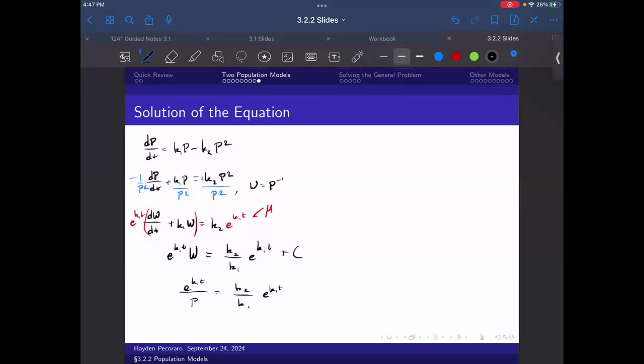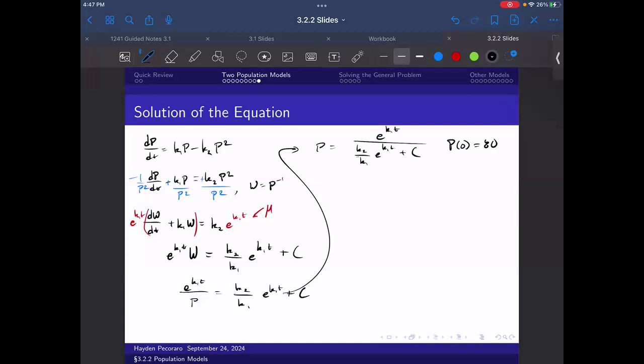I'm realizing I'm doing this in general by accident. That's fine. We want to solve this for P. So we have P equals e to the K1t over K2 over K1 e to the K1t plus C. Okay, and then our initial condition was P of 0 equals 80.